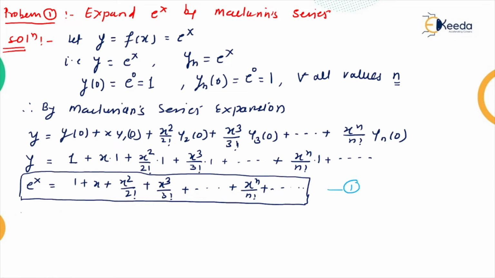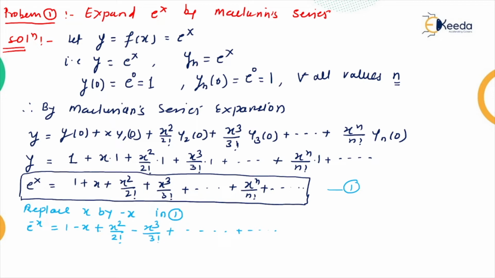If we replace x by minus x in 1, what do we get? e to the power minus x is equal to 1, then minus x, plus minus x square, which is again x square divided by 2 factorial, then minus x cube divided by 3 factorial, and so on.